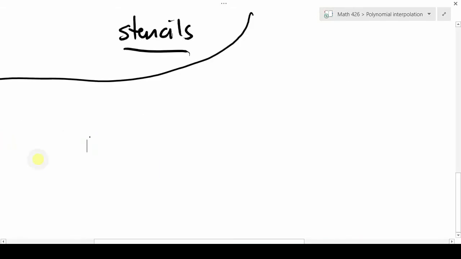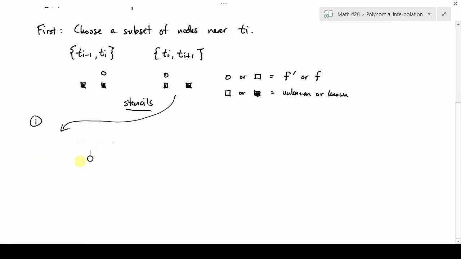So p of x is the linear function between those two. So I'll take x minus t sub i times the slope, which is going to be y sub i plus 1 minus y sub i over t sub i plus 1 minus t sub i.